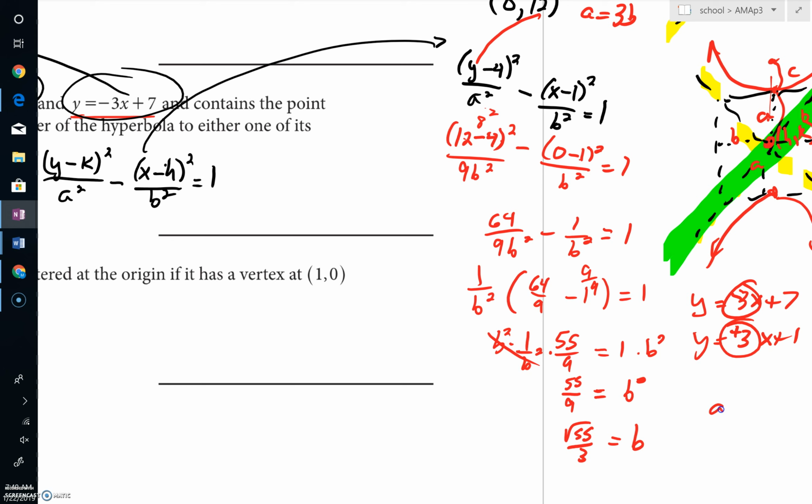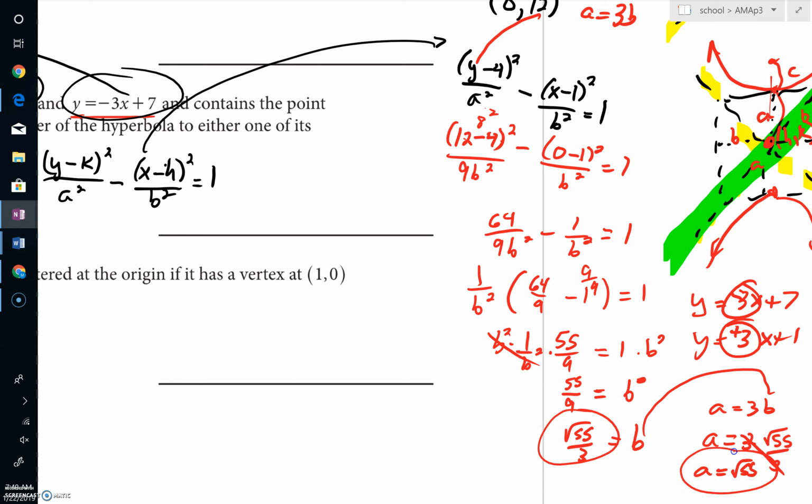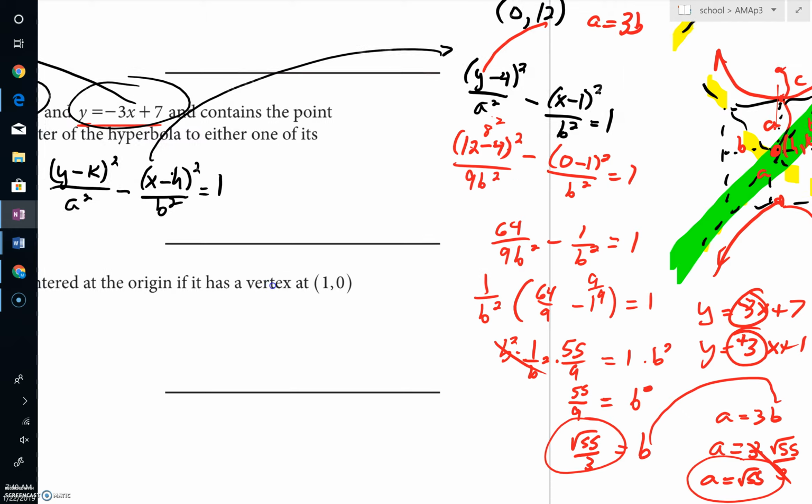Now, please also remember that A was equal to 3B. So if I know what B is, A is going to be 3 times radical 55 over 3. So your A is going to be radical 55. So here are your important pieces of information. Realize what we did. We found what our center was.